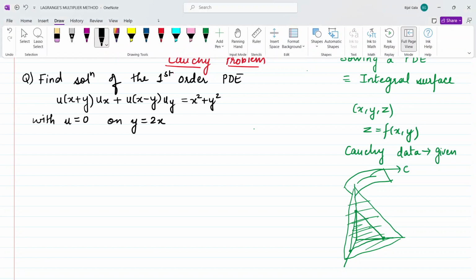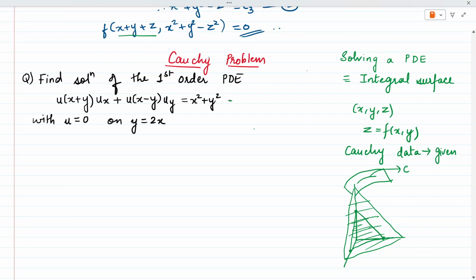So let's understand here. This is your PDE and this is your Cauchy data, or your initial data given to you in the question.